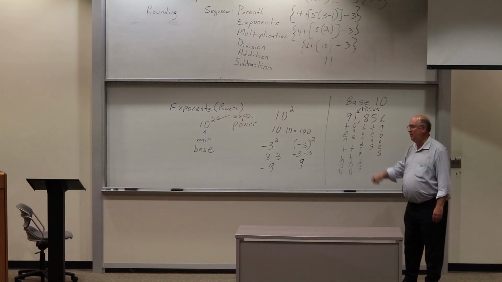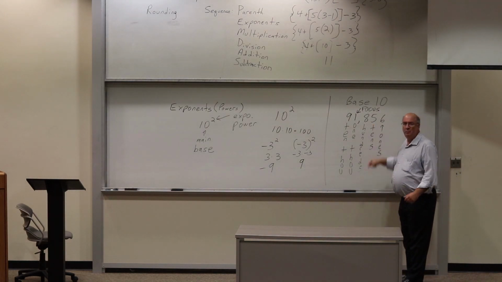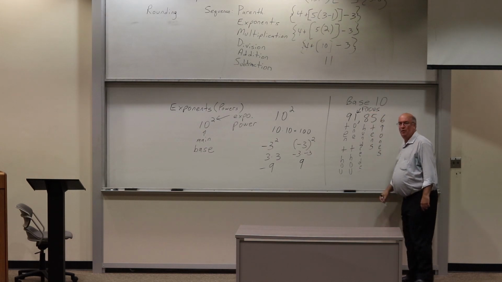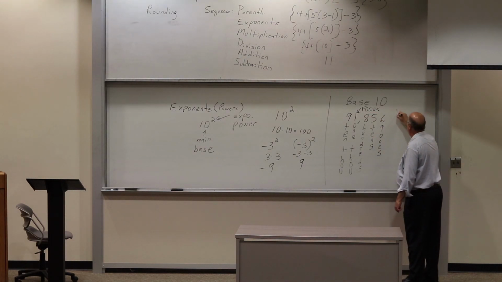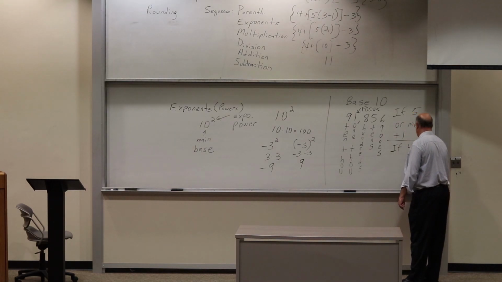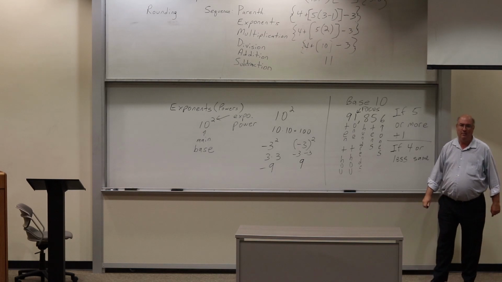Now we have something to focus on. We go one to the right, and if this number is 5 or more, we increase our focus number by 1. If it's 4 or less, we keep it the same.